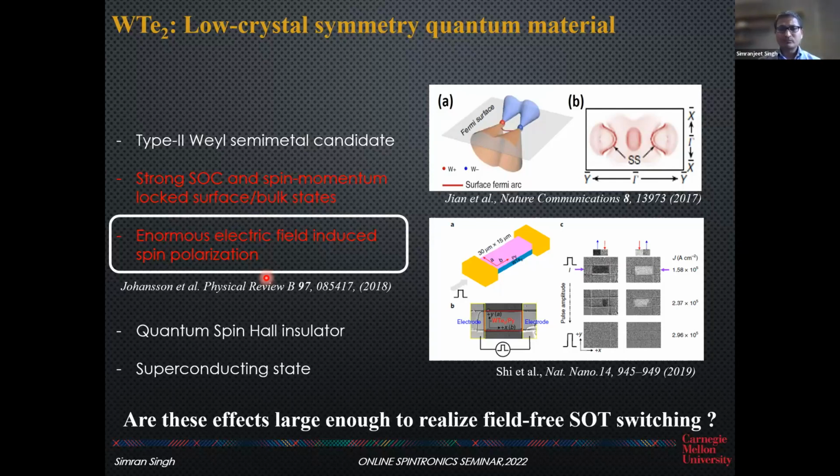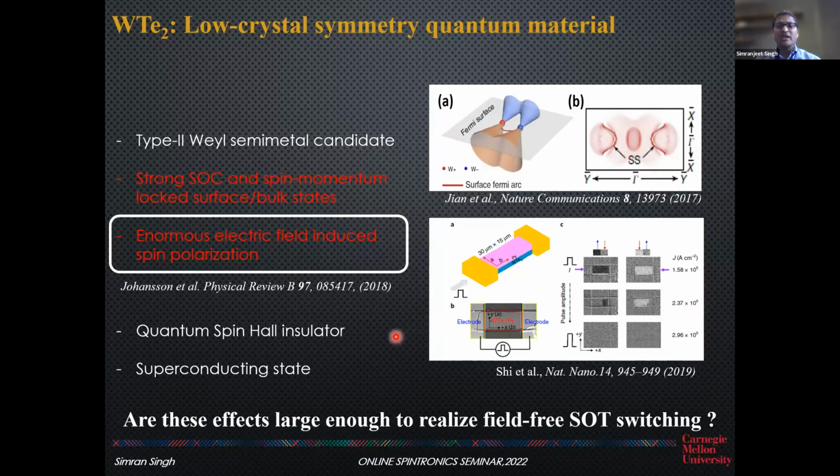And there are some very nice experimental works in this field where they use, for example, spin currents in WTe2 to switch the in-plane oriented magnetization of permalloy at record low charge current at room temperature.